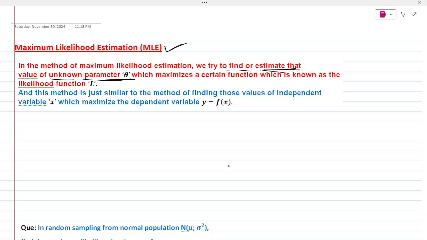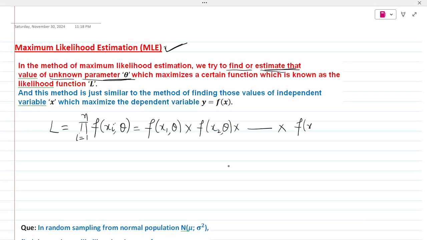First of all, what is this likelihood function L? L is the product, the product of f(xi, theta), with i from 1 to n. Basically, this is f(x1, theta) into f(x2, theta), going on up to f(xn, theta).